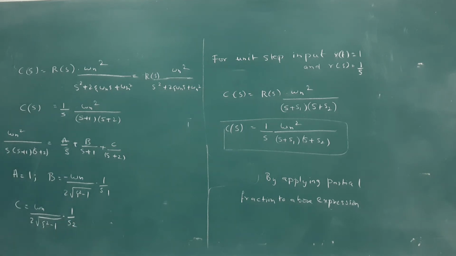So we can solve these equations and get a equal to 1, b equal to minus omega n by 2 into square root of zeta square minus 1 into 1 by s1, and here it is 1 by s2.